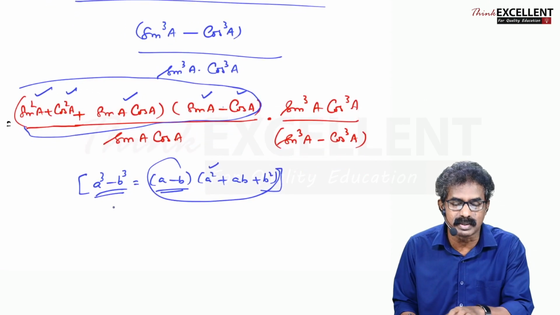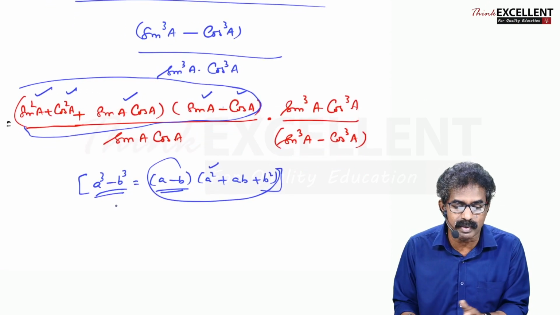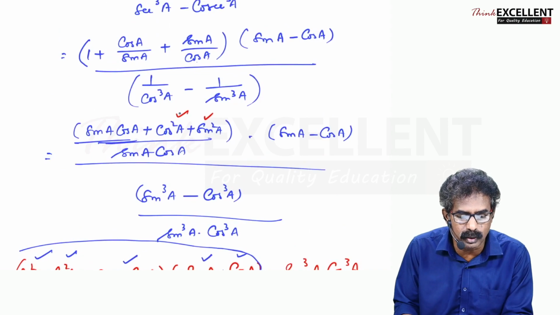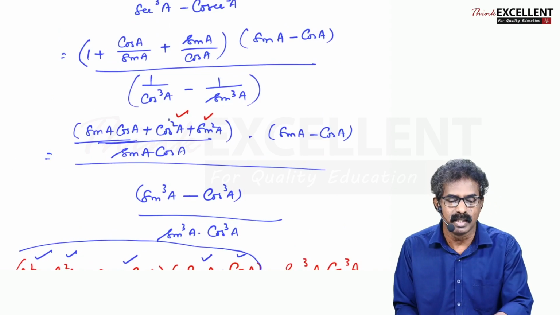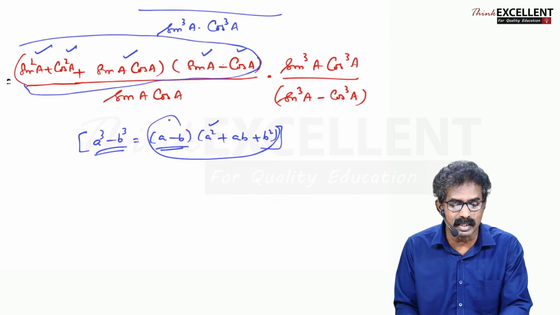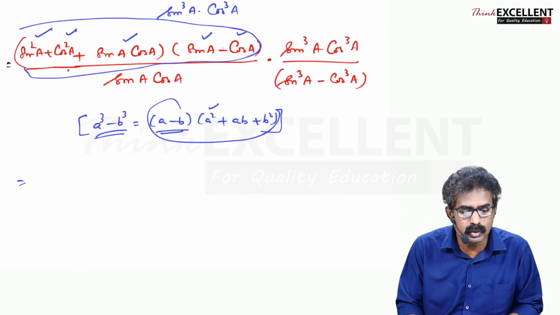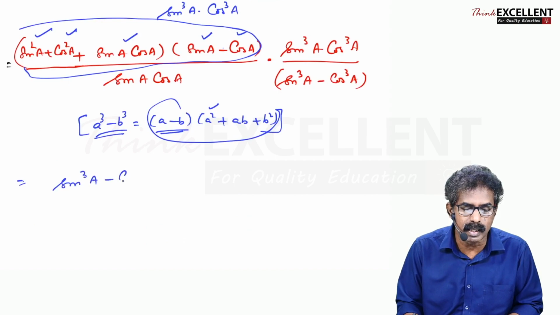Instead of A, we have sin A, and instead of B, you have cos A. So here you don't simplify this. Sin square A plus cos square A is 1, but don't write it so that you can use that identity very easily. So the first two factors together, it is sin cube A minus cos cube A, right?